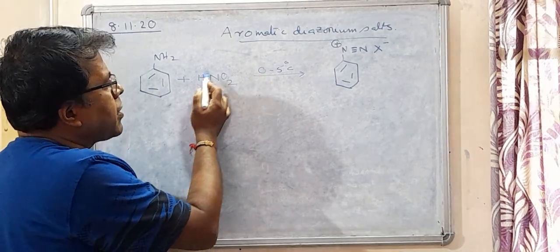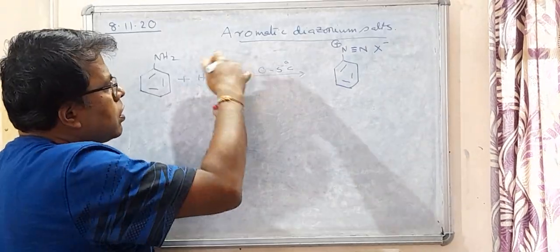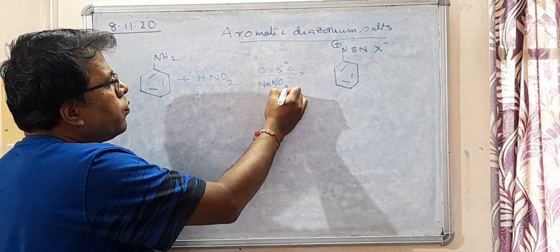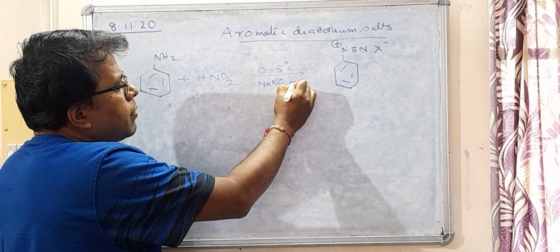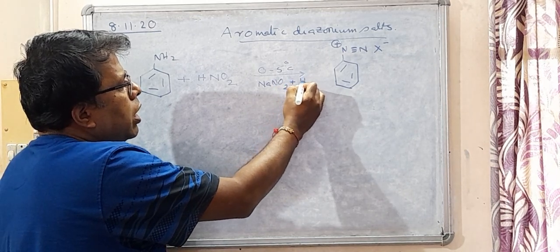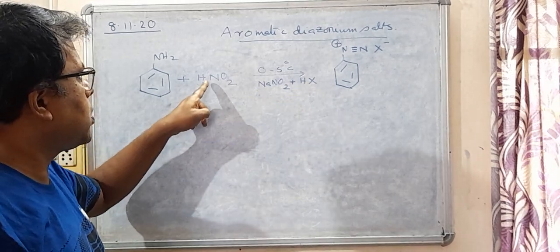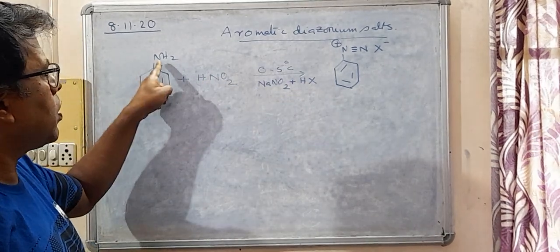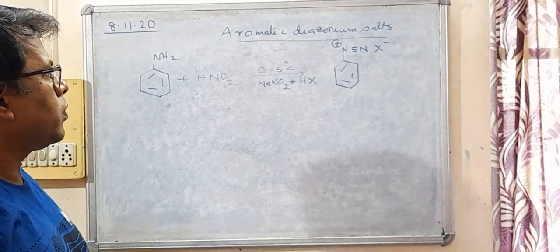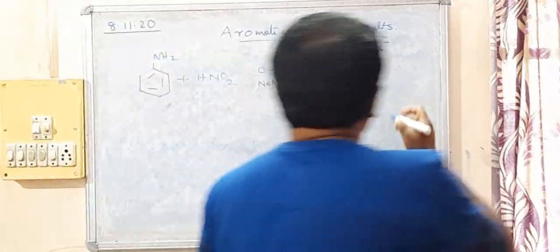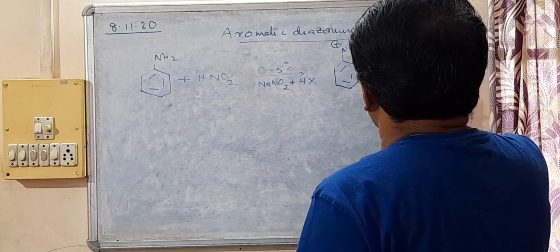This nitrous acid is produced inside the reaction mixture by using NaNO2 plus HX. NaNO2 and HX produce HNO2, and then this reacts to form benzene diazonium salt plus water.